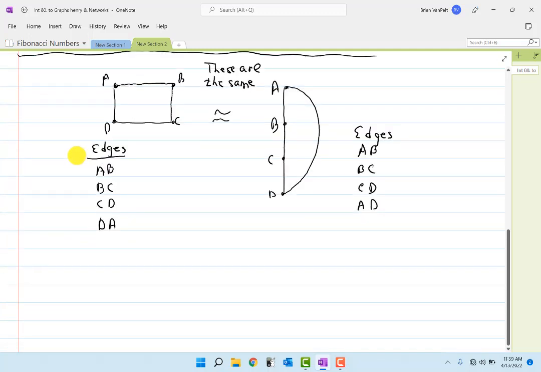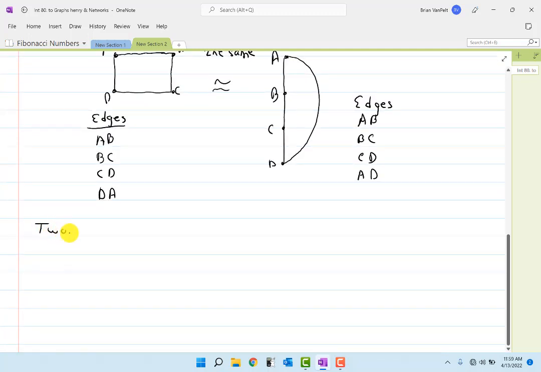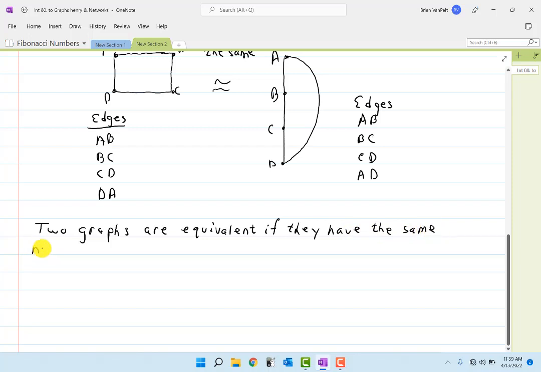So we use the phrase like this: two graphs are equivalent if they have the same number of vertices and edges and are connected in the same fashion.